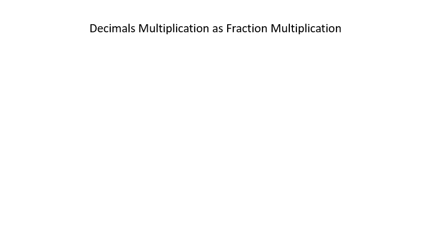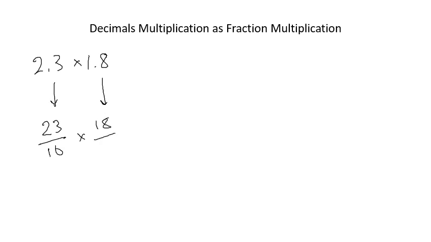So if we look at our previous example, we had our 2.3 times 1.8. Well, we can convert these into fractions, specifically improper fractions. So 23 over 10 times 18 over 10.